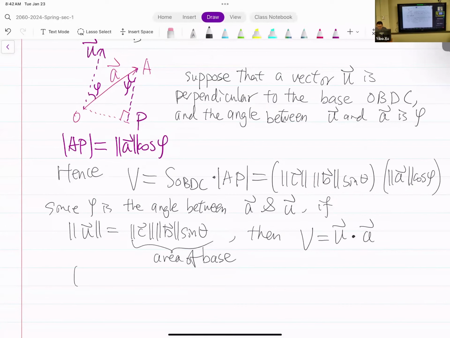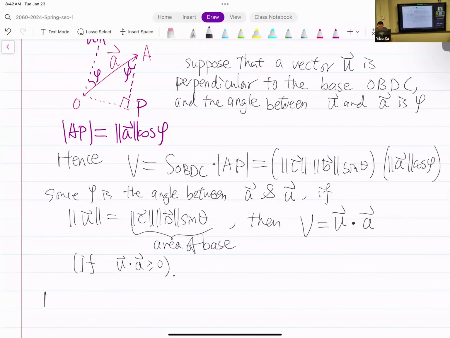Of course, in the case that the dot is not negative. So basically, as long as U is defined in this nice way, right, then that'll be good.